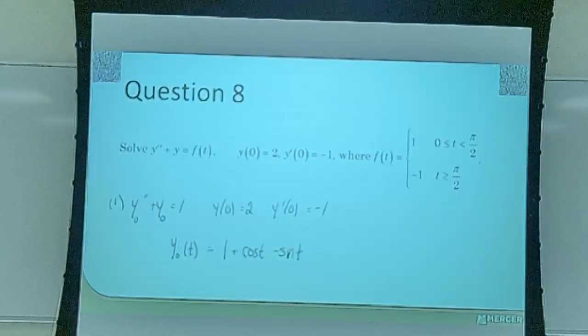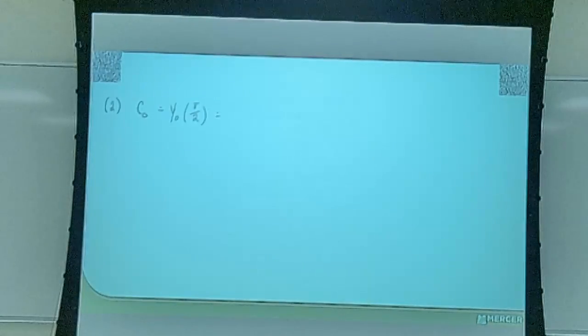C naught was this: y naught of tau, which is pi over 2 in this case. Cosine of pi over 2 is 0, sine of pi over 2 is 1. You get 1 minus 1, which is 0.